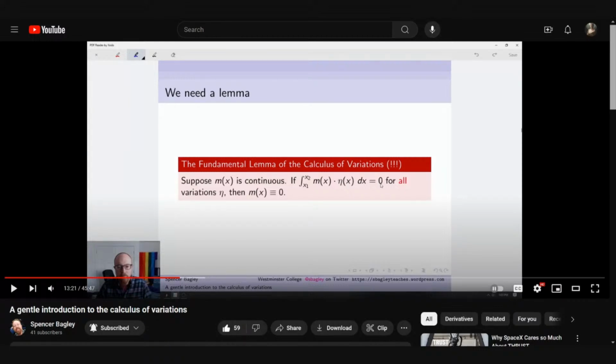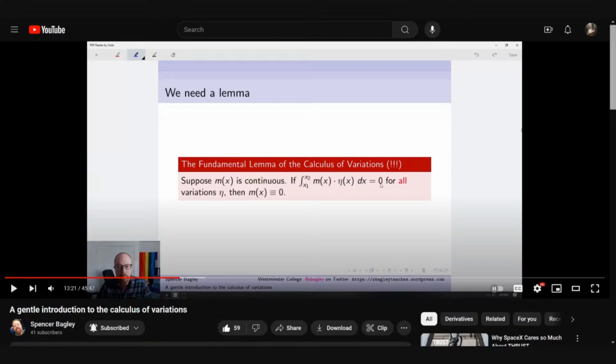It's some area under the curve. Okay, but you're saying there is no area under the curve. It's 0. And the variation is non-zero. Well, the only way that's possible is if the function is 0.